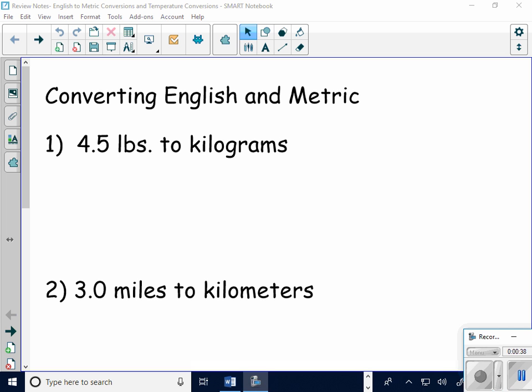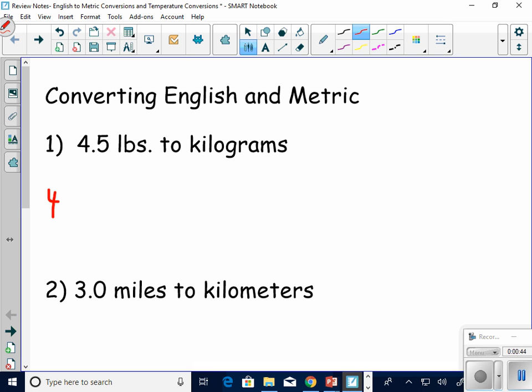Now, if you look on that page in your agenda, what I'm doing is I have 4.5 pounds. And I'm converting that to kilograms. So I'm going from an English to a metric unit. So I need to set up a conversion box as so.